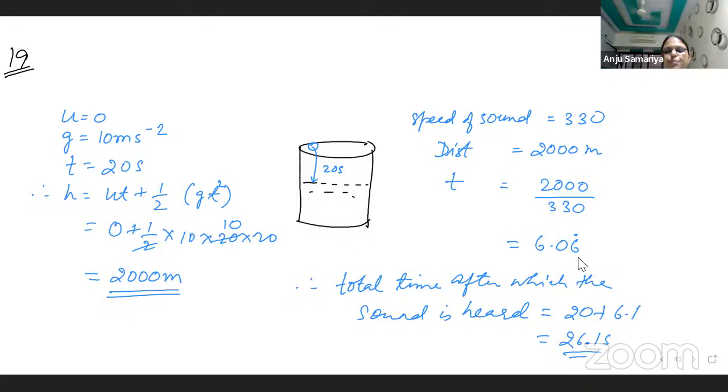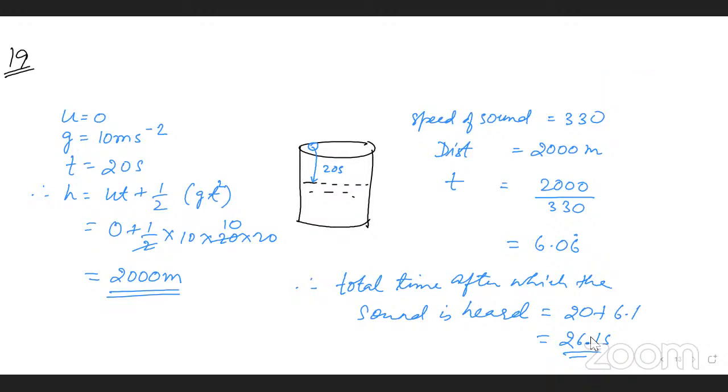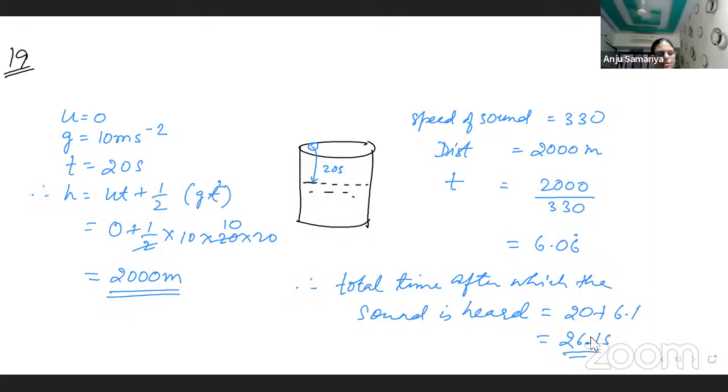And so it comes to 6.06. And so the total time after which the sound is heard is 20 plus 6.1. So it becomes 26.1. Ma'am, yes, ma'am, I have written 26.06. Correct. That is also correct.